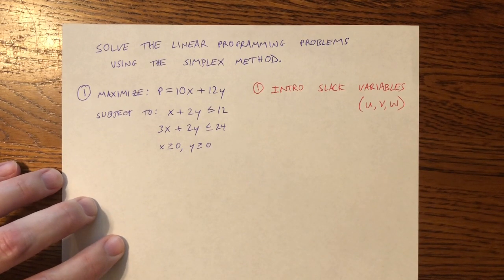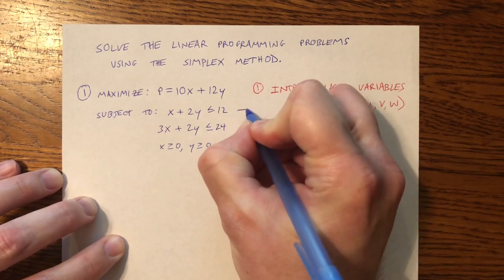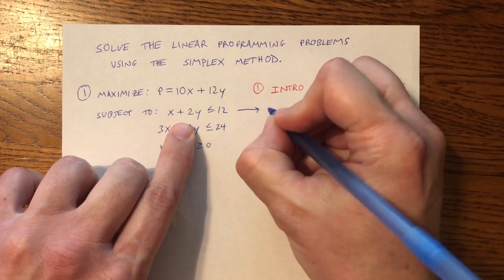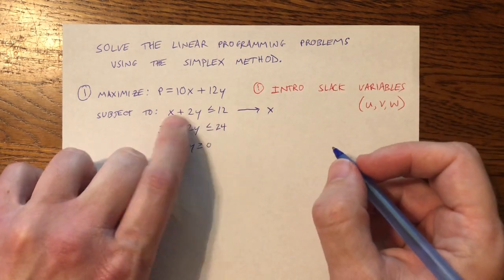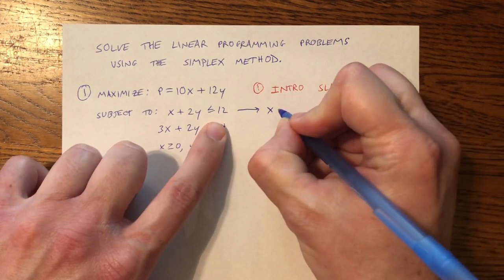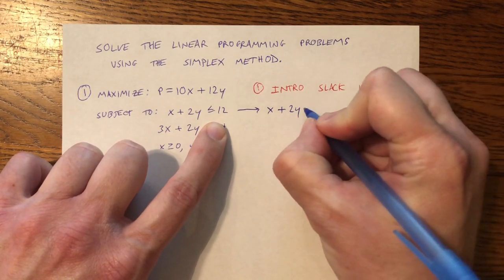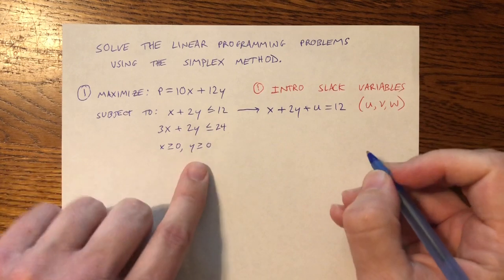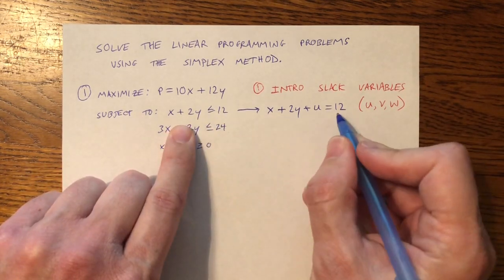If we look at this first inequality, what a slack variable allows us to do is to rewrite this inequality as an equation. For each new inequality, you're going to add a new slack variable. So this one could be rewritten as x plus 2y plus u equals 12. Notice the use of the u in our first inequality.